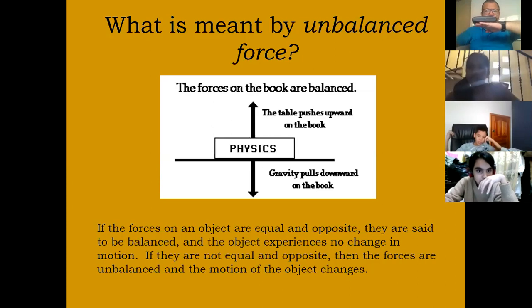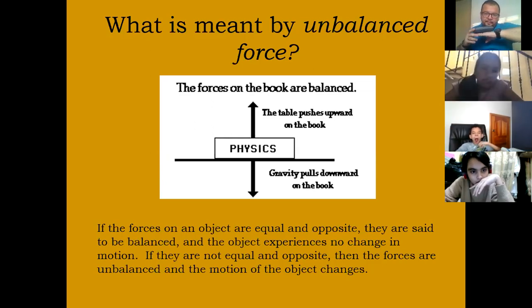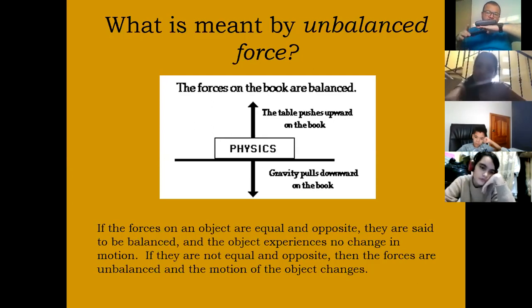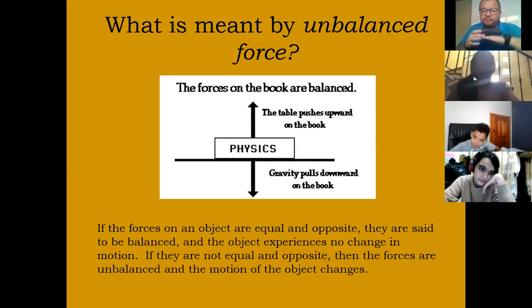But if I put something between the way the object falls, this is the unbalanced force. Something stops the force of gravity. I can put another thing in here and gravity still works, right? But if I use something to stop the force of gravity, that is the meaning of the unbalanced force, okay?